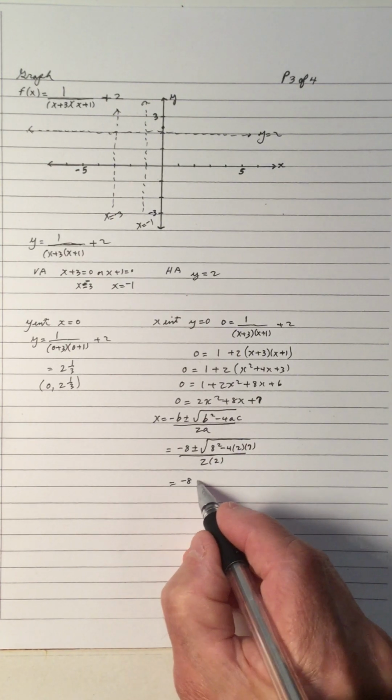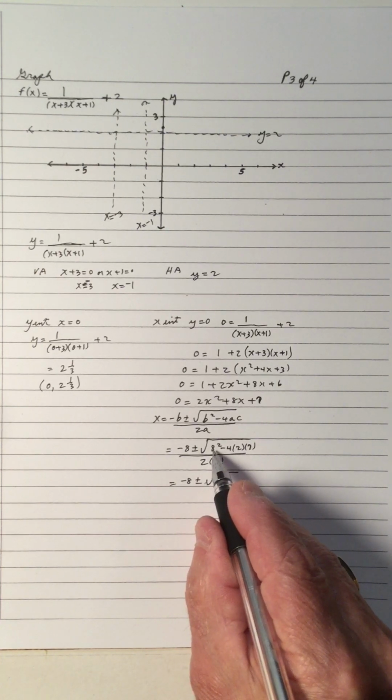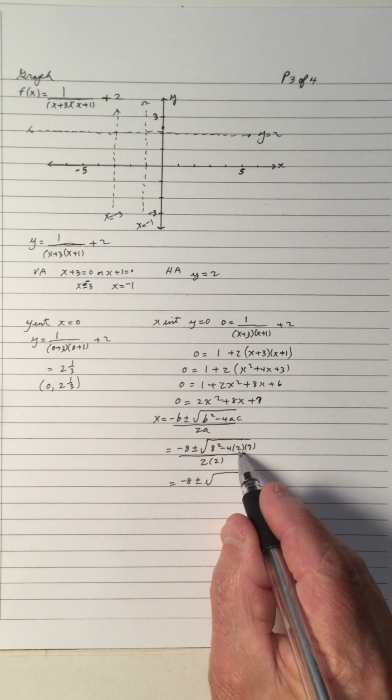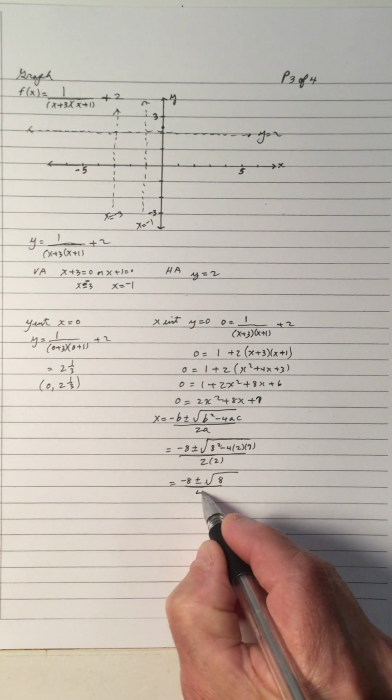So we get negative 8 plus or minus, and that's a 64, just make it short, and that's a 56, so that gives me an 8 over 4.